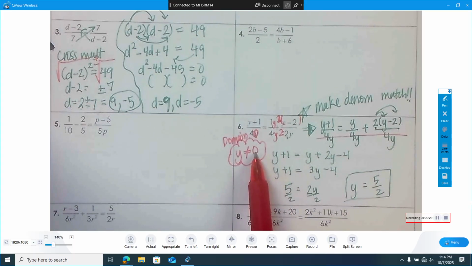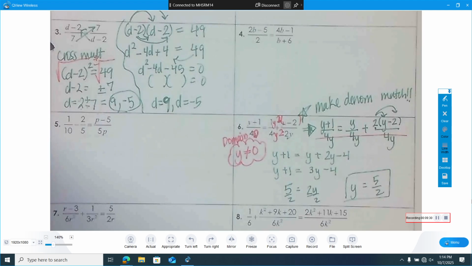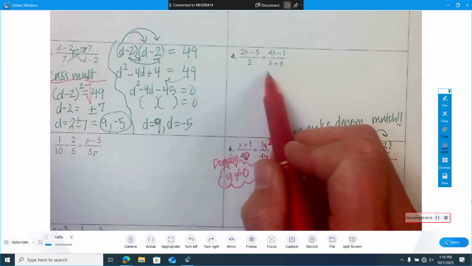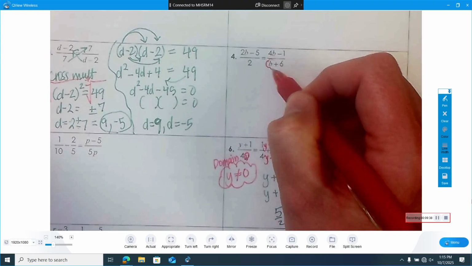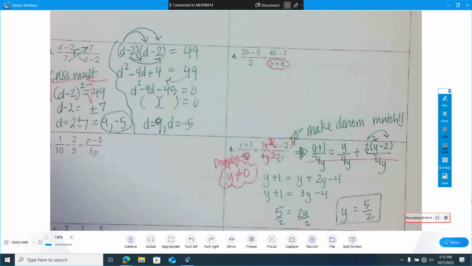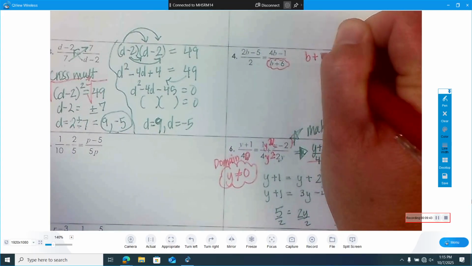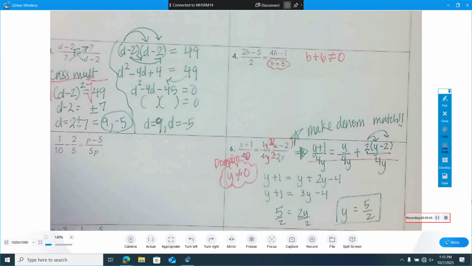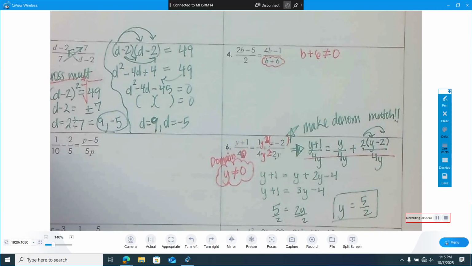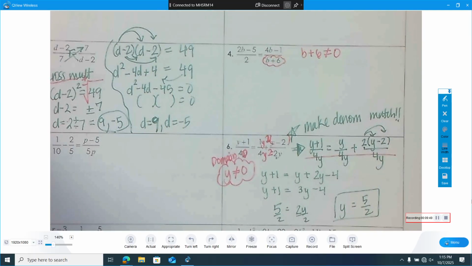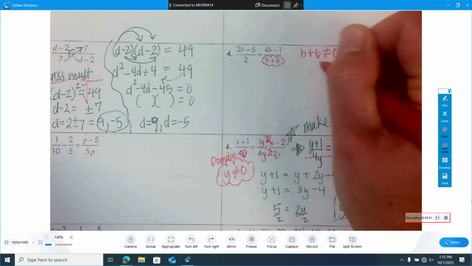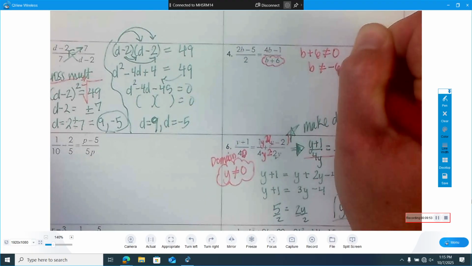Right off the bat, when we look at these problems, we have to be careful identifying what values we are not allowed to use based on our equation. And so when you look at this, this denominator cannot equal 0. B plus 6 is not allowed to be 0. So what value is B not allowed to be? Negative 6. So if you move that 6 over, B is not allowed to be negative 6.